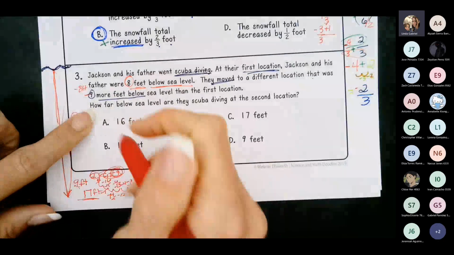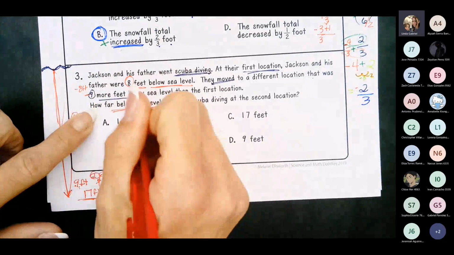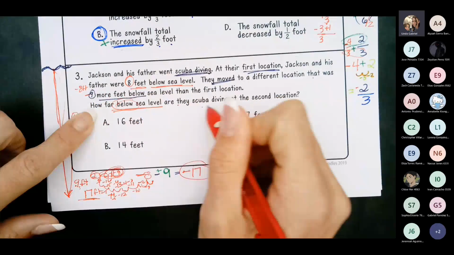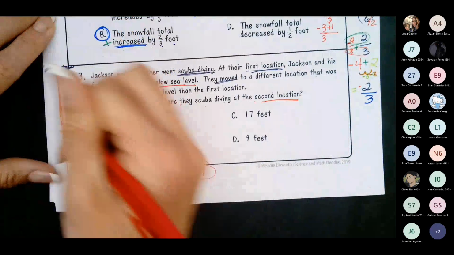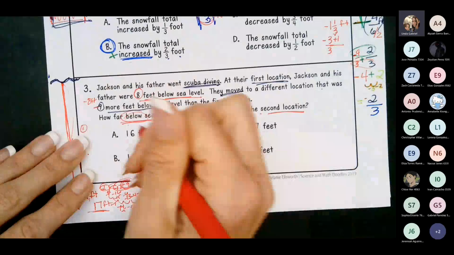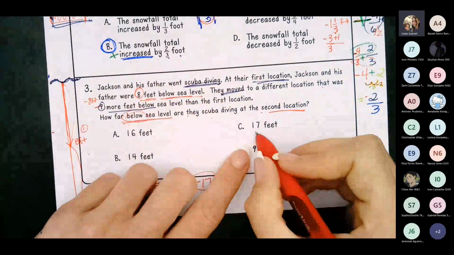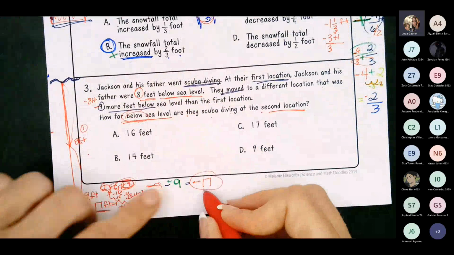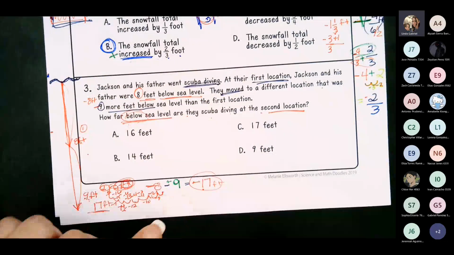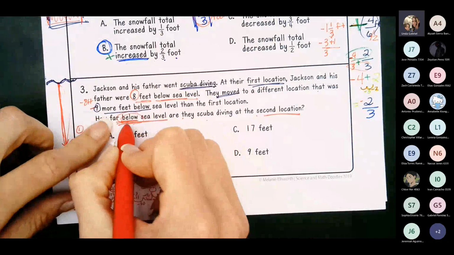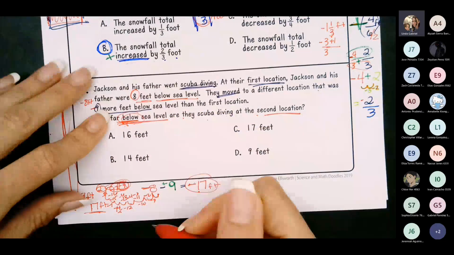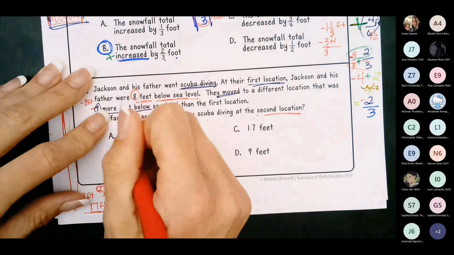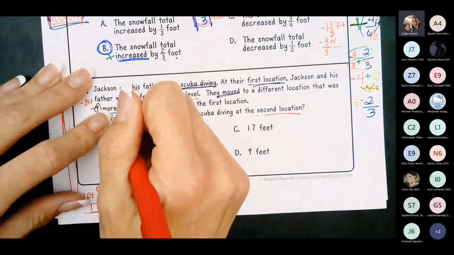It says, how far below sea level are they scuba diving at the second location? So according to this question, it's asked me how far below sea level. When I look at this, I'm obviously thinking, oh, I have -17 feet, right? But I have it verbally written here in math language that it's going to be negative.